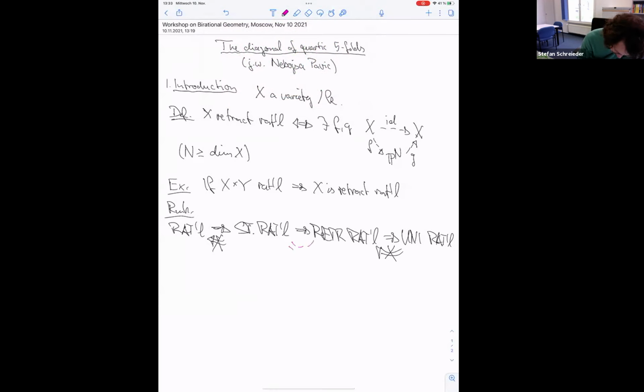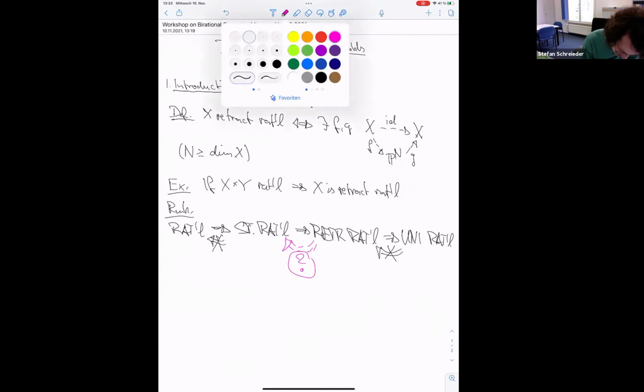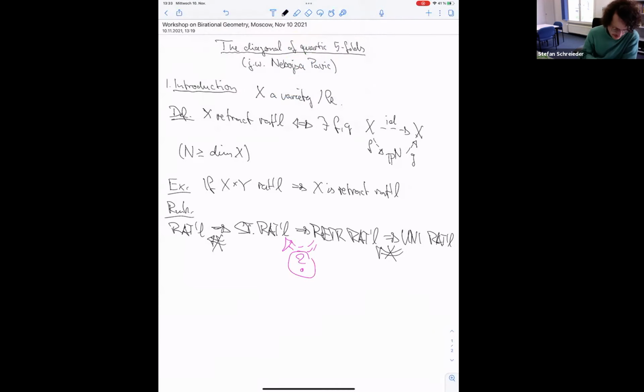And here we don't know. Okay, so this is this famous example of a threefold that is stably rational, but not rational, due to Beauville, Colliot-Thélène, Sansuc, and Swinnerton-Dyer. And this is the Artin-Mumford example.